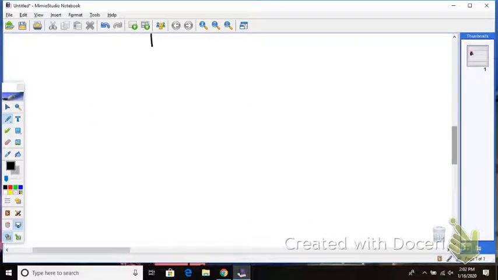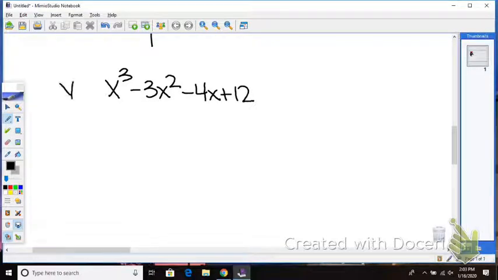Let's go on to the new stuff, the brand new stuff today, which is graphing. So if I give you, let me find number 2, there it is. Something like this. X cubed minus 3x squared minus 4x plus 12. And we're going to graph this. So I'm just going to say y equals.